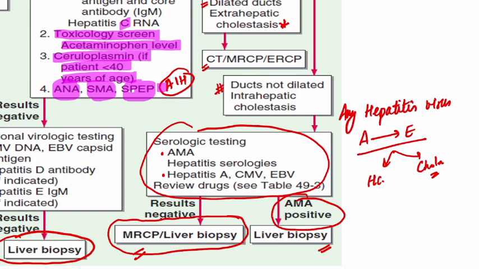It means if you do not find anything in serology, you have to go for liver biopsy, right? If AMA is positive, liver biopsy is very, very important. AMA means antimicrosomal and antimitochondrial antibody, and it is positive in primary biliary cirrhosis. And to make a diagnosis of primary biliary cirrhosis, we have to do biopsy, right?